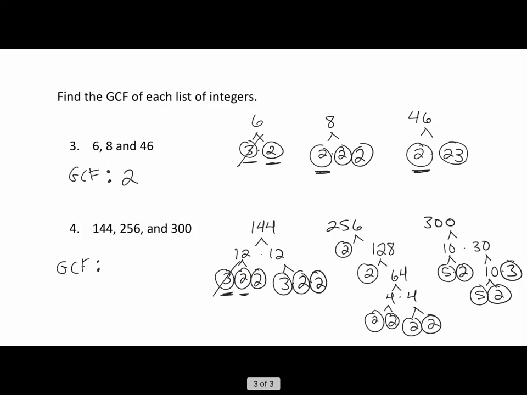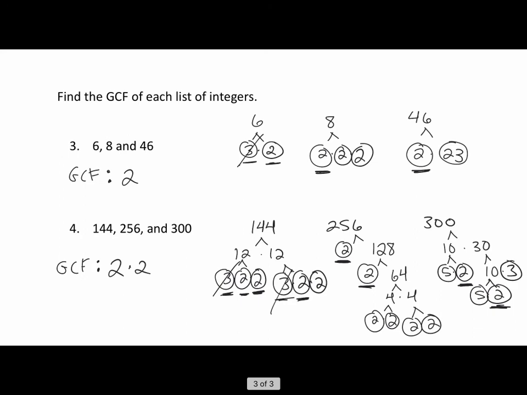So next factor, 2. Is there a factor of 2 in 256 and in 300? Yes. And another factor of 2 in both 256 and 300? Yep. I know there's no factors of 3, because I already checked that.